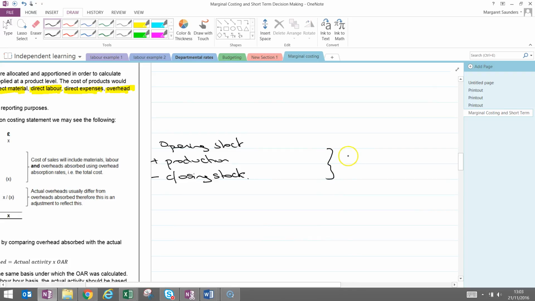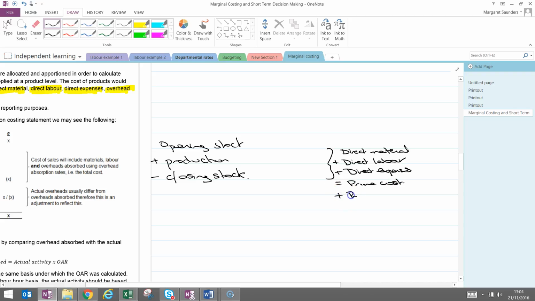So we would arrive at those using direct material plus direct labour plus, if you did have any direct expenses, we would include those. That gives us the prime cost.